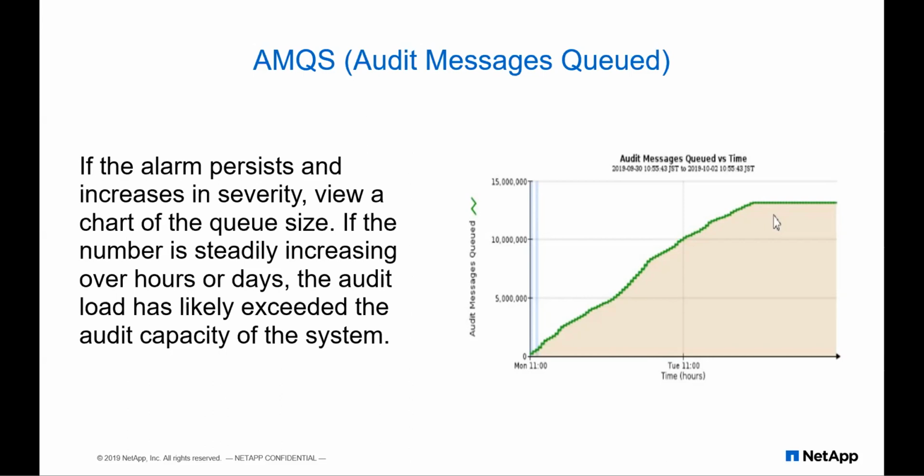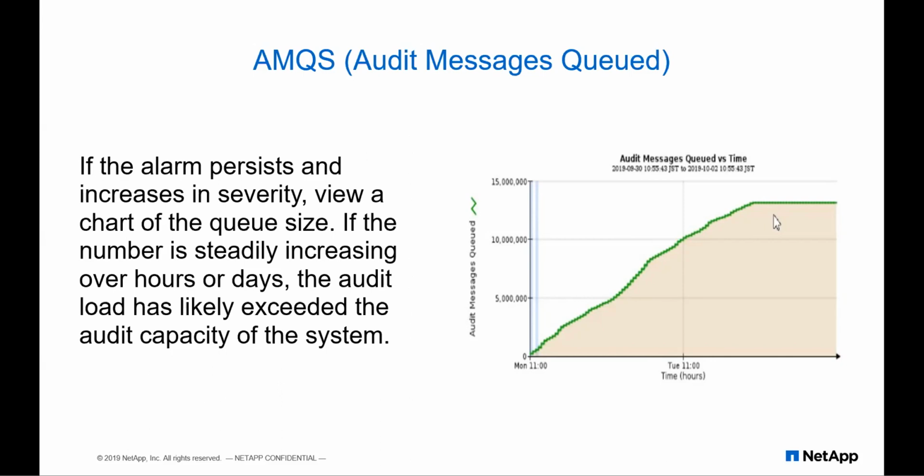What happened here is that this node was not able to send its live raw audit messages to the audit relay, so it built them up locally until it got to 13 million. But when it plateaued and there's no more processing, that's actually an indication that the disk is full, so it can no longer process them anymore.